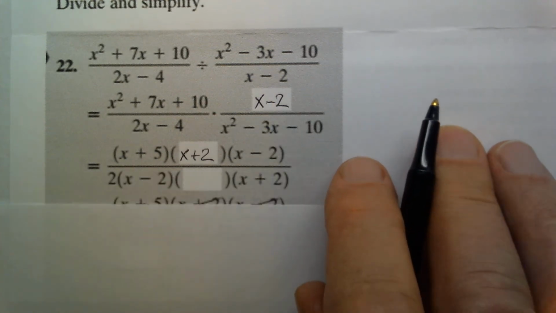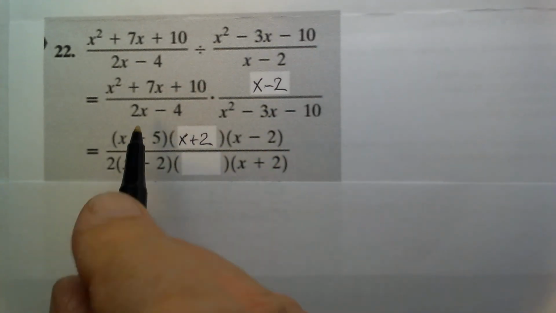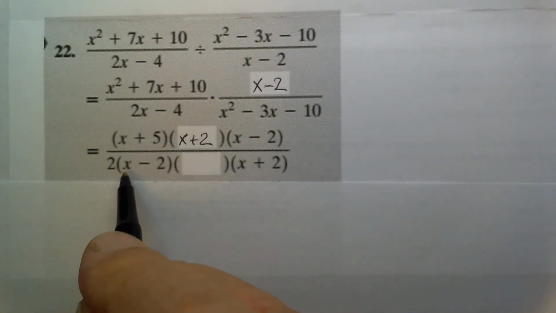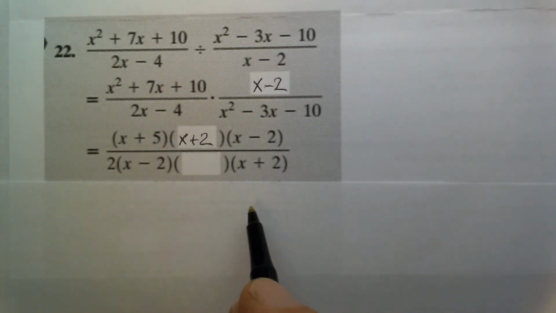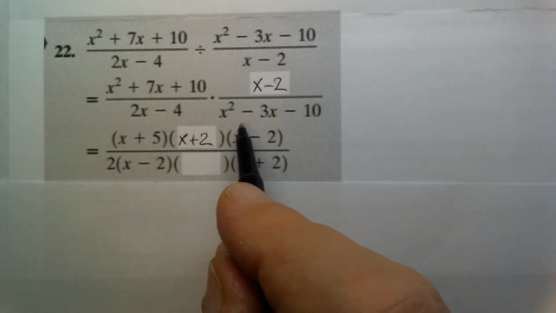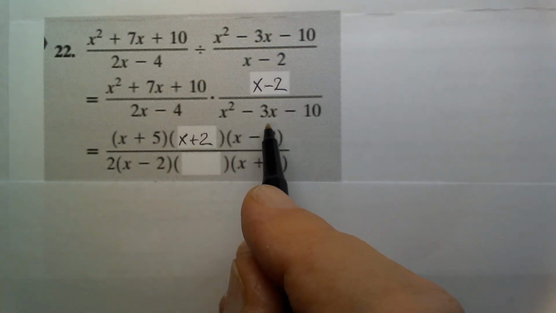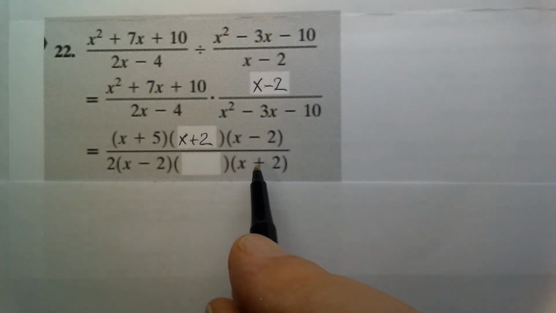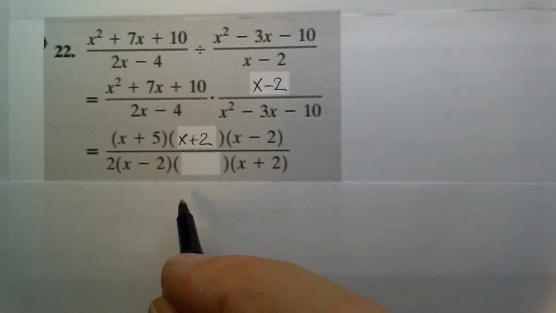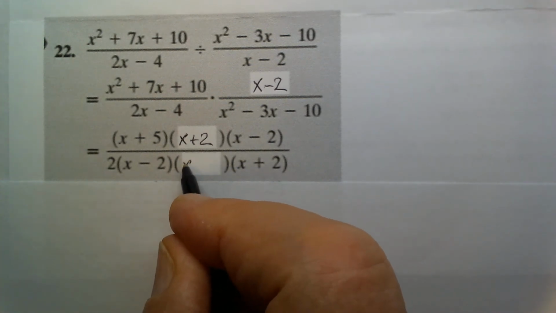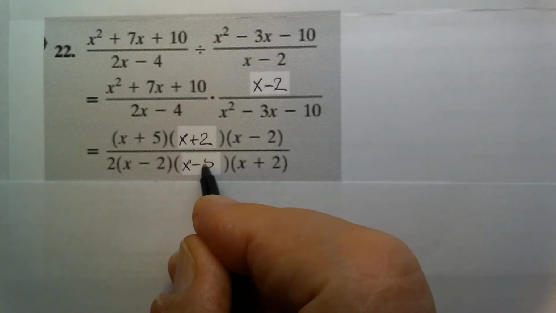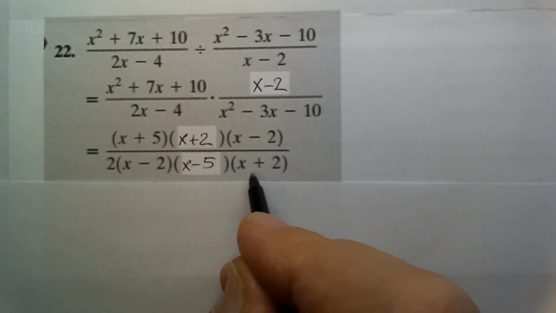And then in the denominator, we factor out a 2, and we get a 2 times x minus 2. And then we factor this expression, x squared minus 3x minus 10, into x minus 5 times x plus 2.